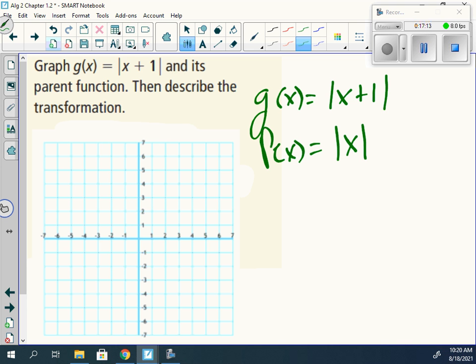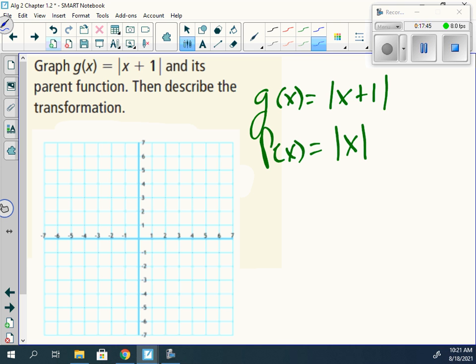So what changed between here and here? Yeah, we had plus 1, right? And it's inside, isn't it? Because if we add or subtract something on the outside, it moves up or down. If we add or subtract something on the inside, it moves left or right. This here would be going to the left. It is the opposite of what we think.